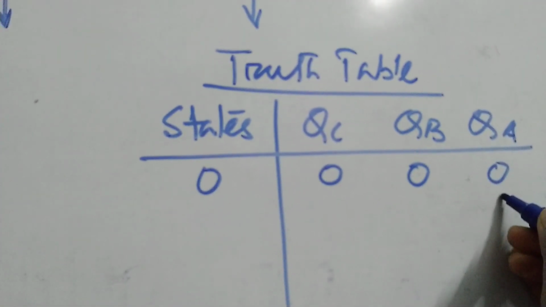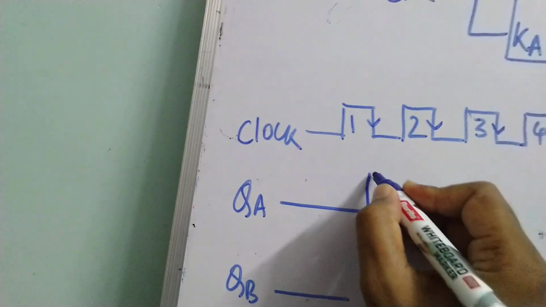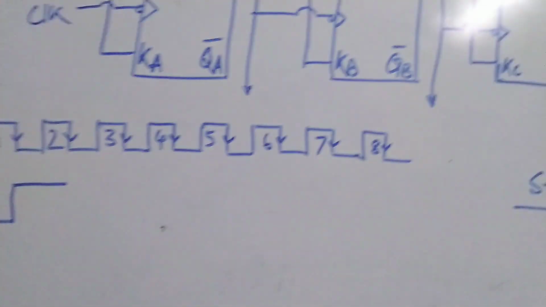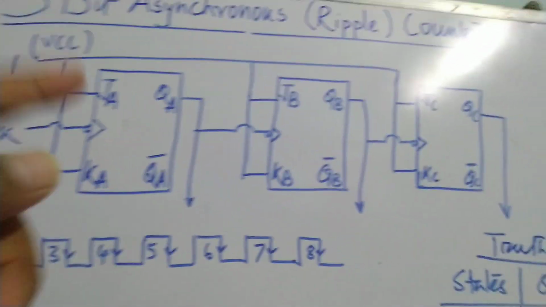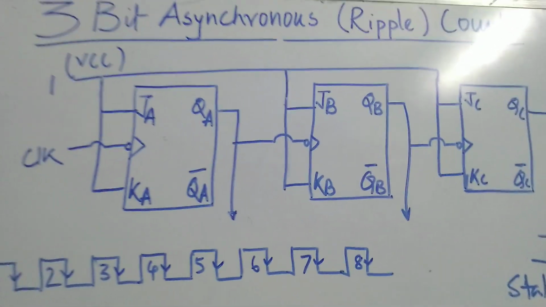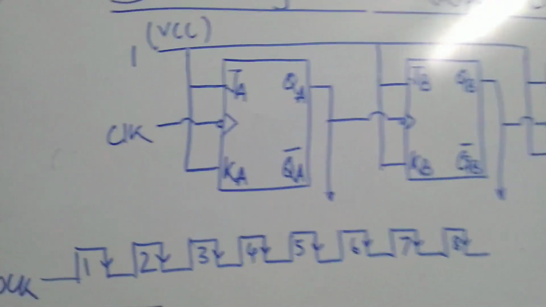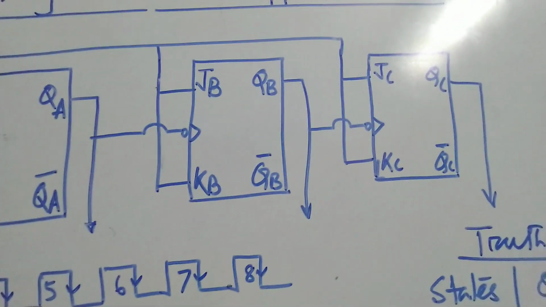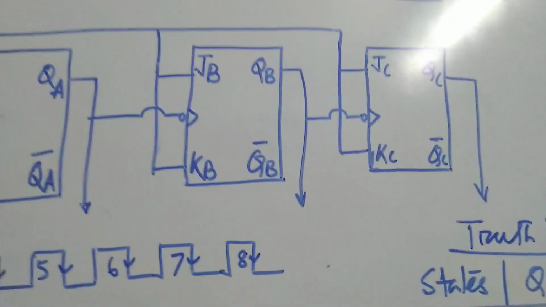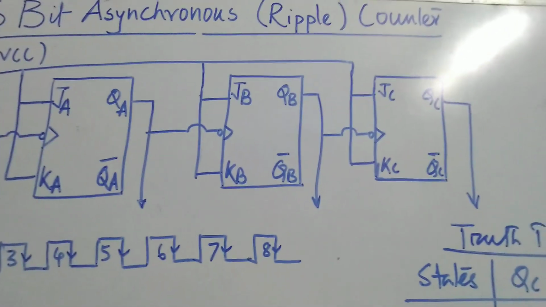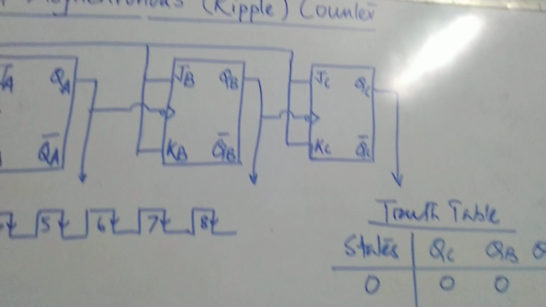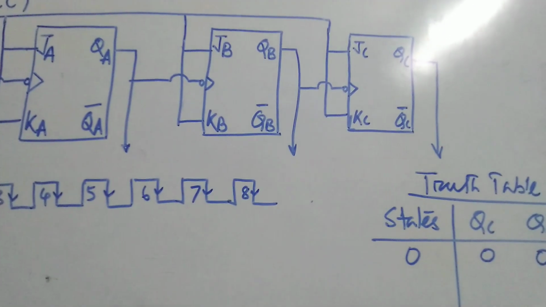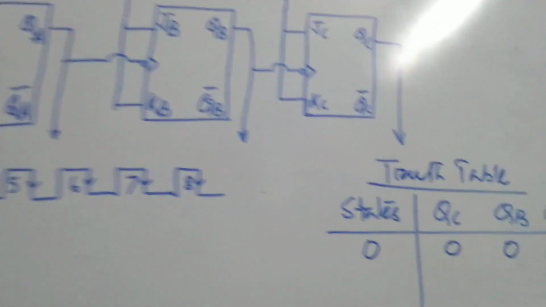Here it is 0, now it is 1. So QA becomes 1. Now QA provides the clock pulse of the second flip-flop, but it is 1, so the second flip-flop does not activate. Similarly, the third flip-flop does not activate. So the second and third flip-flops will remain unchanged.